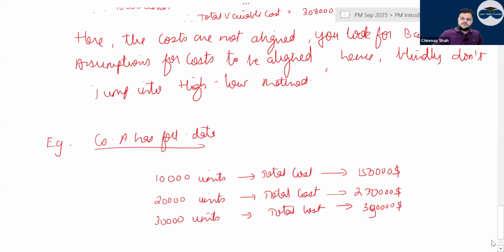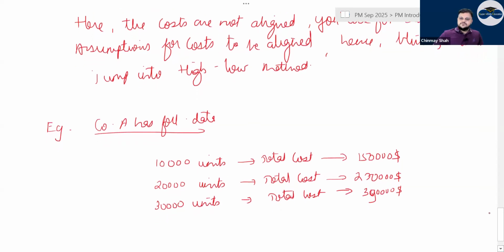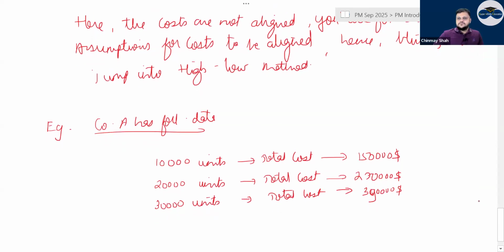Correct. 390. Are they now aligned? देखो जरा. 150 increasing by how much? Tell me. 10,000 units पे increasing at 120. Again increasing at what? 120.